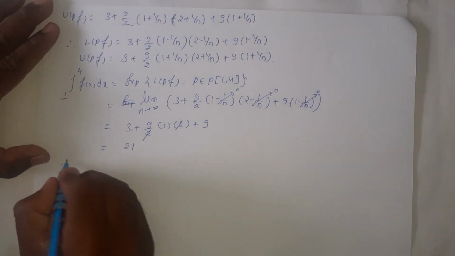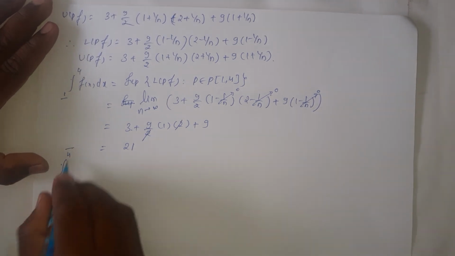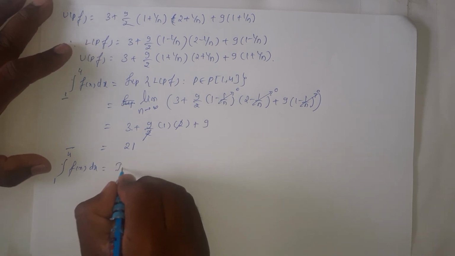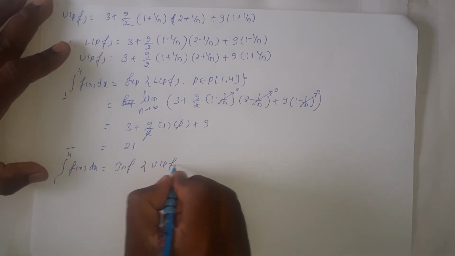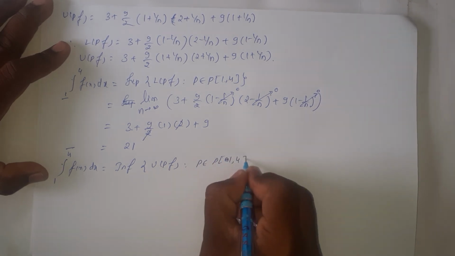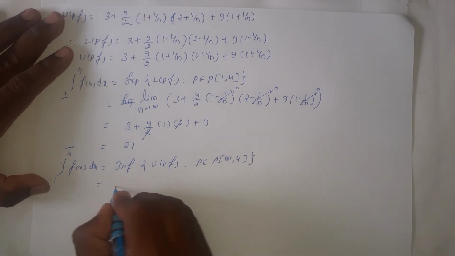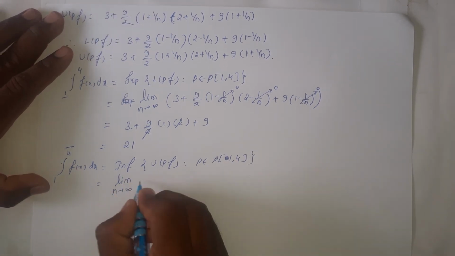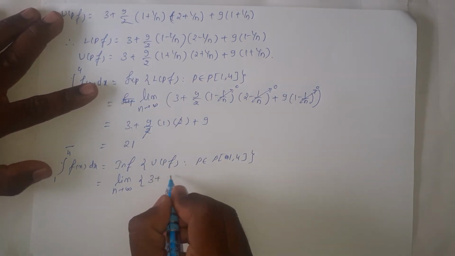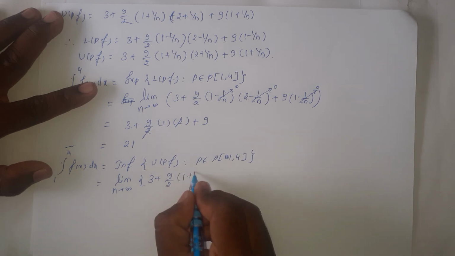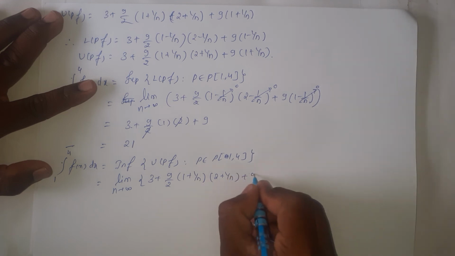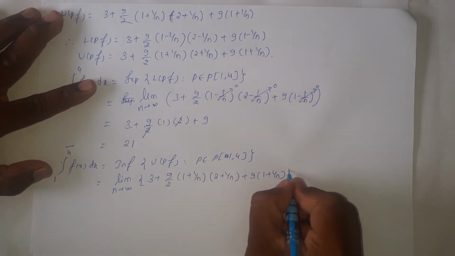Then upper Riemann integral 1 to 4 bar f of x dx is infimum of UPF such that P belongs to the partition of the interval 1 to 4. Then it is equal to limit as n tends to infinity. Here UPF is 3 plus 9 by 2 into (1 plus 1 by n)(2 plus 1 by n) plus 9 into (1 plus 1 by n).